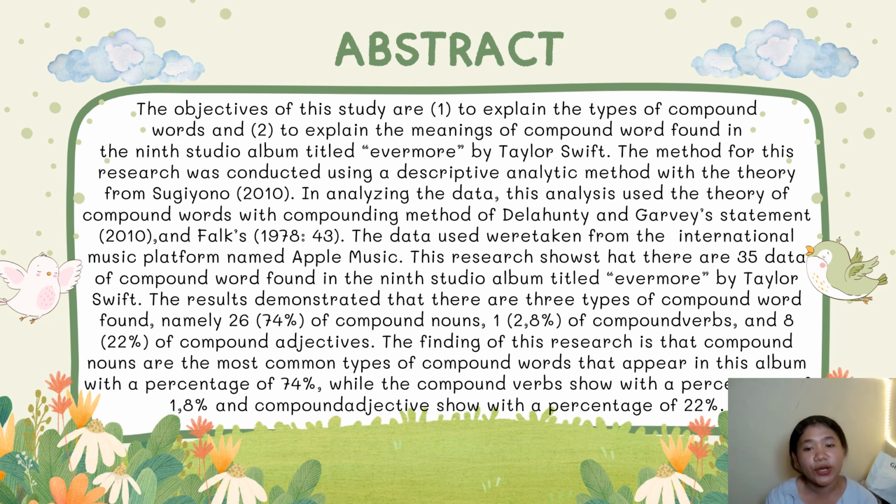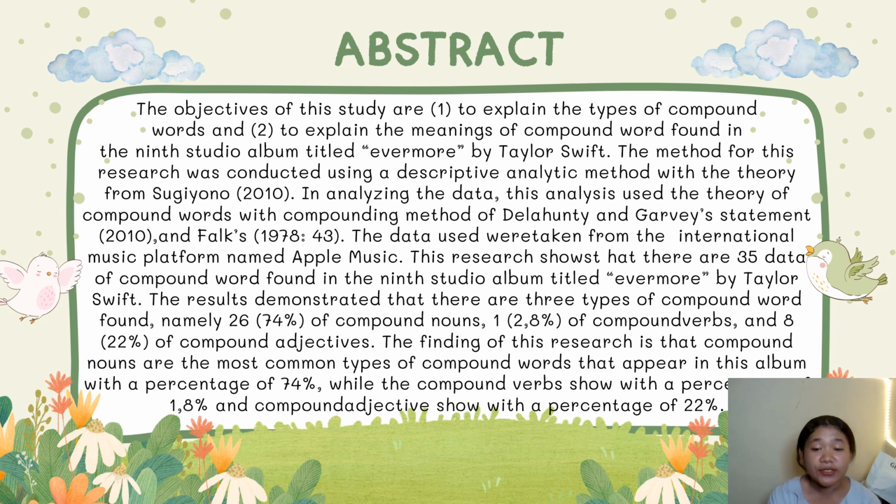This research showed that there are 35 data of compound words found in the ninth studio album titled Evermore by Taylor Swift. The result demonstrated that there are three types of compound words found, namely 74% compound nouns, 2.8% compound verbs, and 22% compound adjectives.